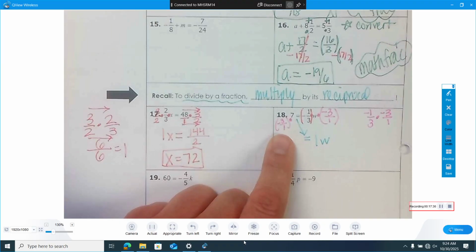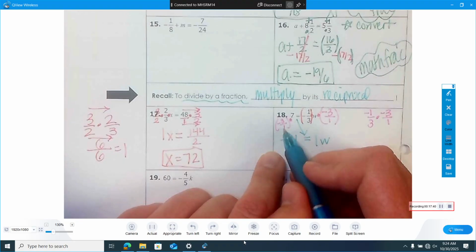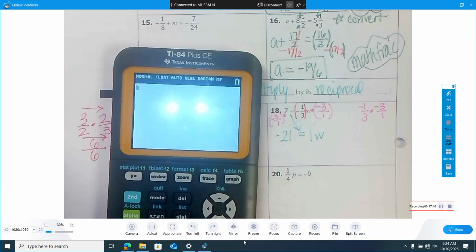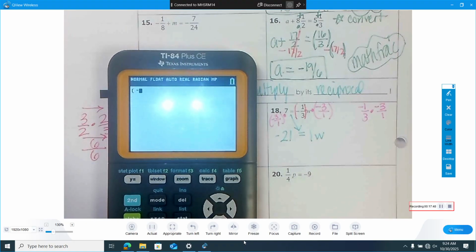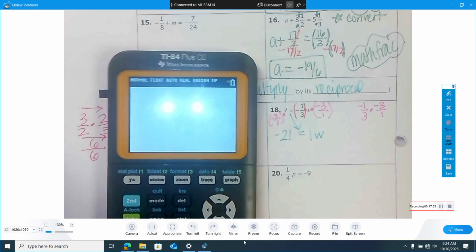Negative 21, yeah. Negative 3 times 7 is negative 21, and then 1 times 1 is just 1 on the bottom, so negative 21. Could we use our calculator too? Sure. My parentheses, negative 3 over 1 times 7. Let's see if I was right. Yay, negative 21. Okay?